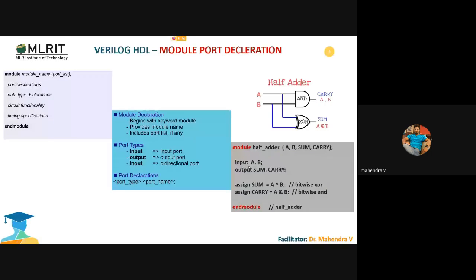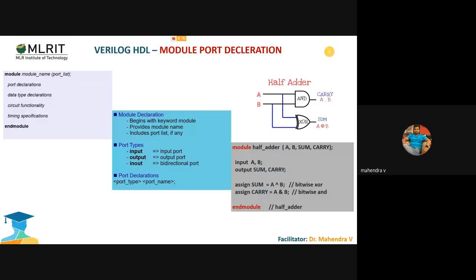Okay. Next is the port declaration. Here the ports are inputs and outputs. Under the inputs, A comma B, you can find two. A and B are the inputs. Outputs are sum and carry. Here we have used a comma to separate the two port names.